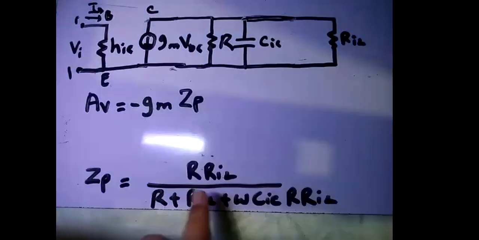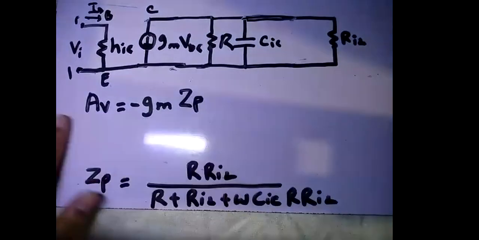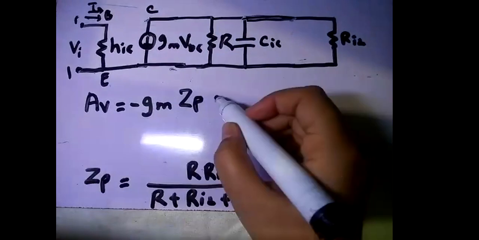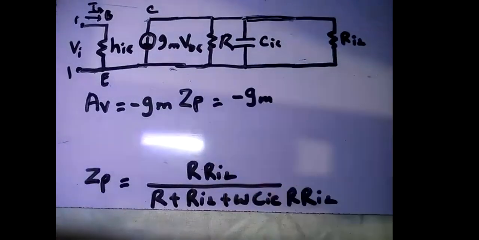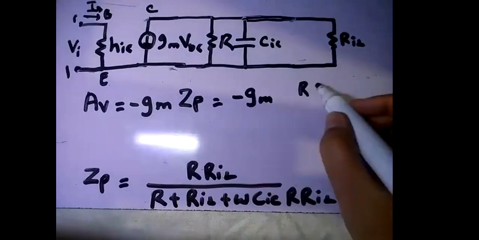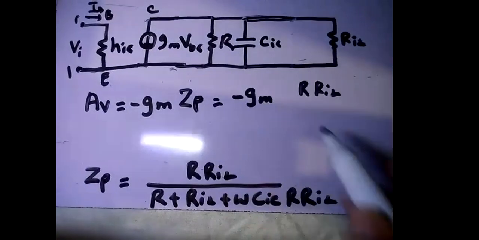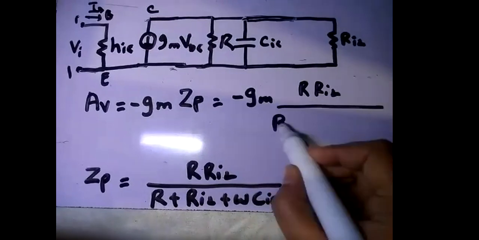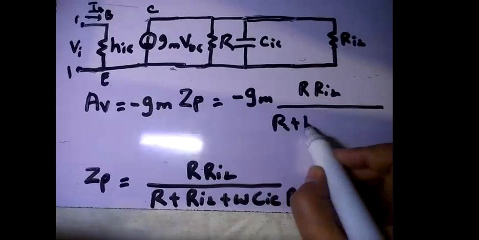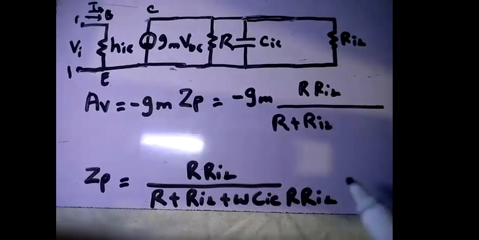Negative sign, as you all know, we are using a common emitter as an amplifier. So the negative sign is due to the 180-degree phase shift, which is lying in all common emitter transistors when they are used as amplifier. So the negative sign comes here.